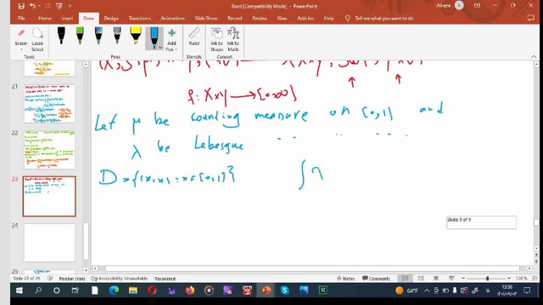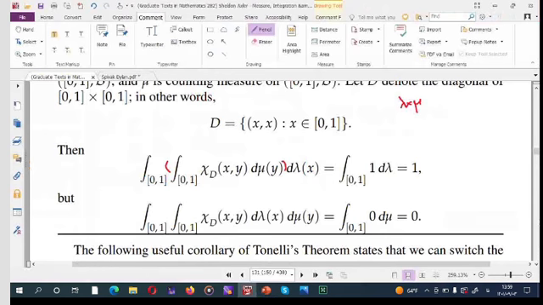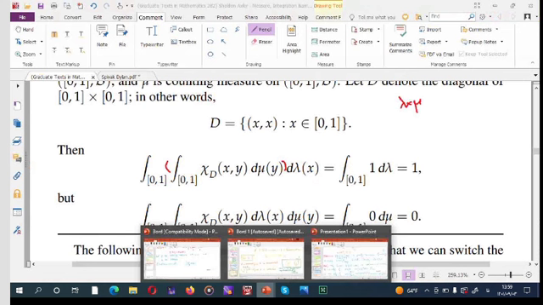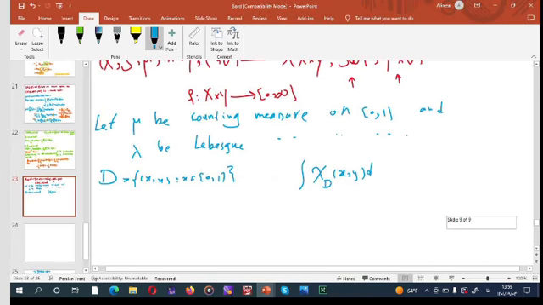Then the integral of phi of D at (x, y) d mu(y), with mu counting measure, equals phi of D at (x, x) only, and this is equal to 1, because this function is equal to 1 only on this point and equal to 0 at other points.